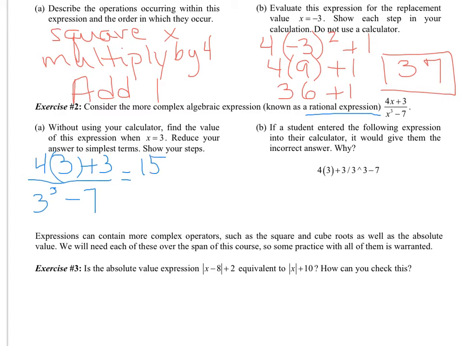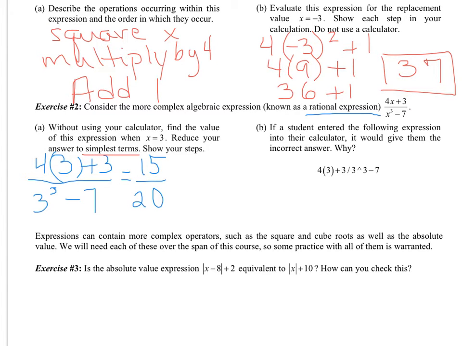So I get 15 for the numerator. On the bottom, I have 3 cubed. 3 cubed means 3 times 3 times 3, which is 27, and then minus that 7, I'm going to get 20.